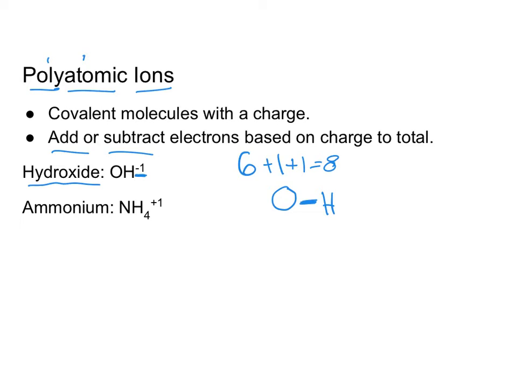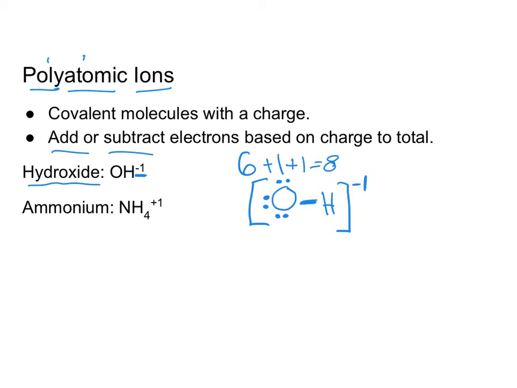So far there's 2 electrons drawn in my structure. So 2, 3, 4, 5, 6, 7, 8. Now I'm going to go ahead and put brackets around my molecule to indicate that this is a polyatomic ion, and give that charge in the upper right hand corner. So there is my correct structure for hydroxide.